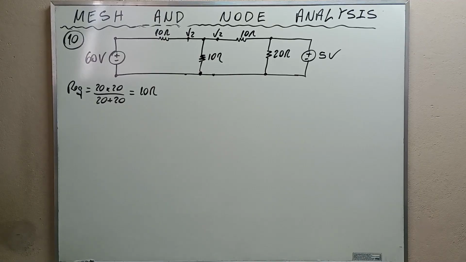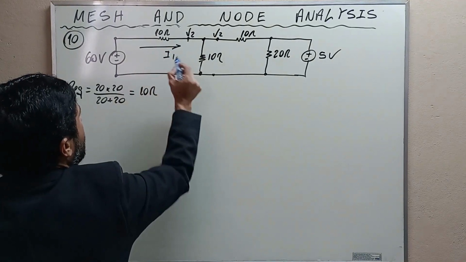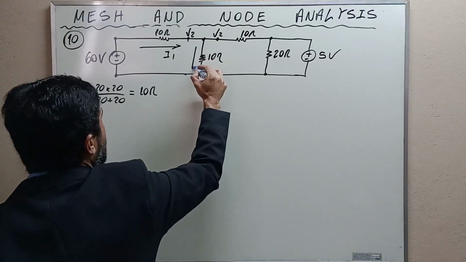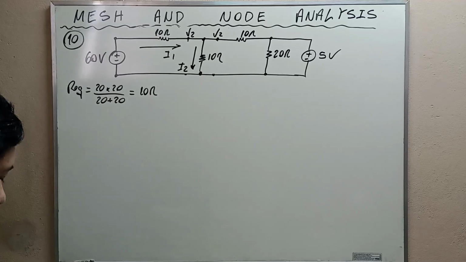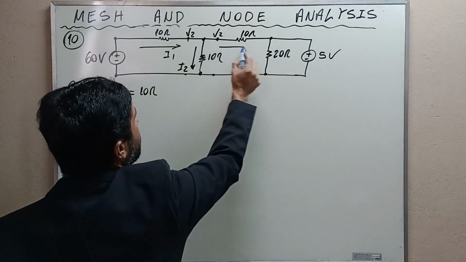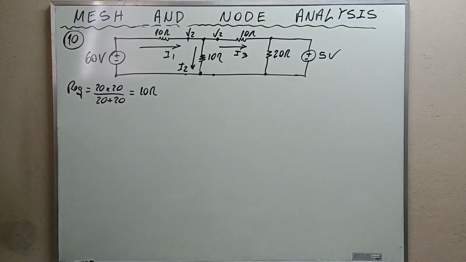And let's use some labels here. I'm gonna label this current here I1, I'm gonna label this current here I2, and I'm gonna label this current here I3. Okay?